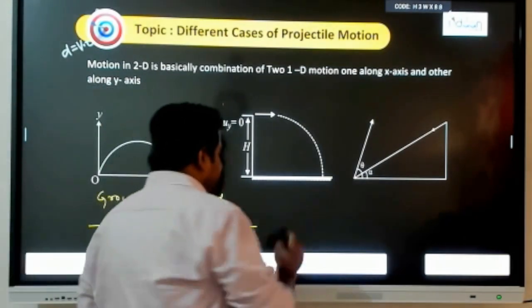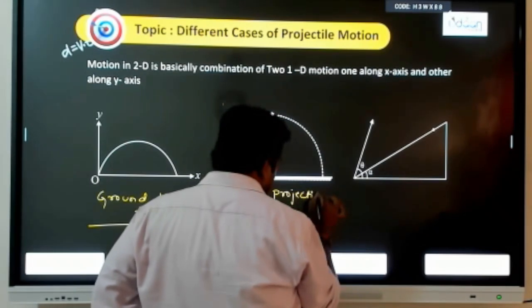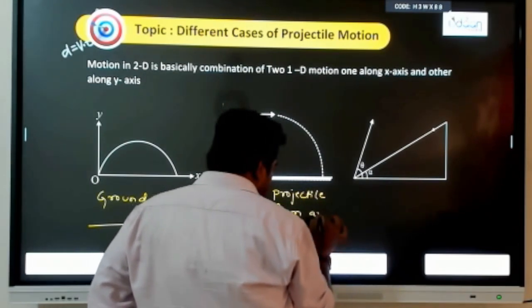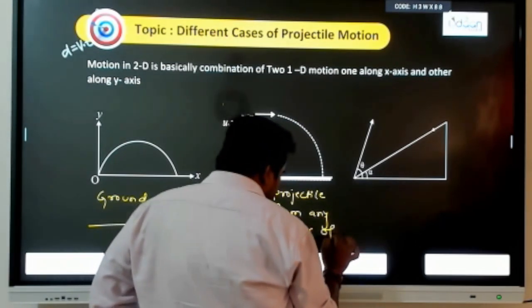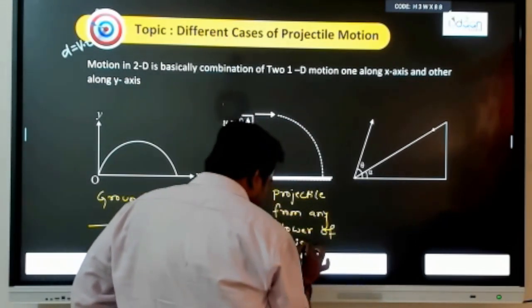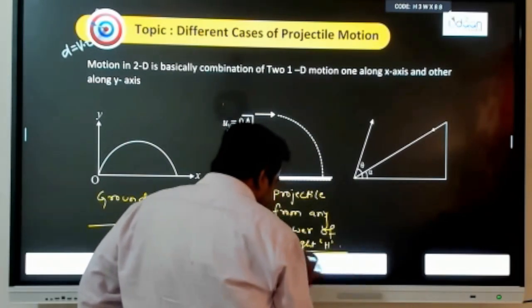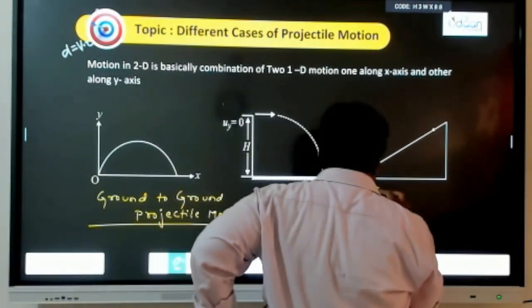This one is projectile from any tower. And this one will be said as projectile on an inclined plane.